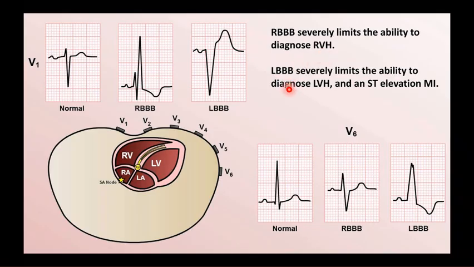And it's also true that a left bundle branch block severely limits the ability to diagnose left ventricular hypertrophy, and it also really can limit our ability to identify ST segment elevation.